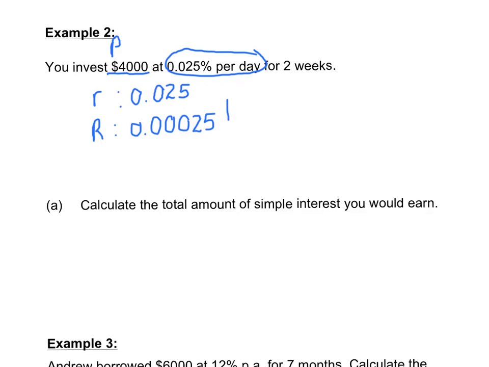And that's per day. For 2 weeks. So if I look at my number of time periods, that also needs to be in days because my interest rate refers to per day. So 2 weeks is 2 times 7 days is 14 days.